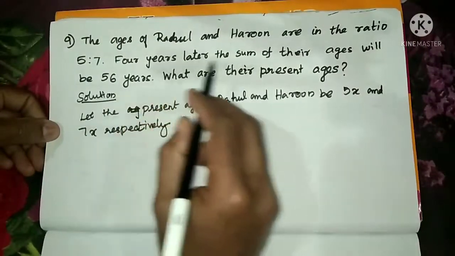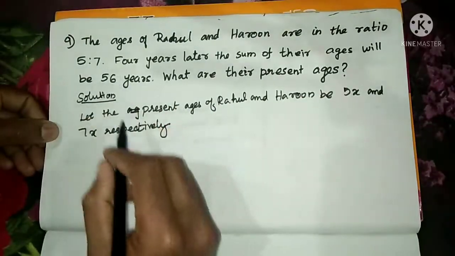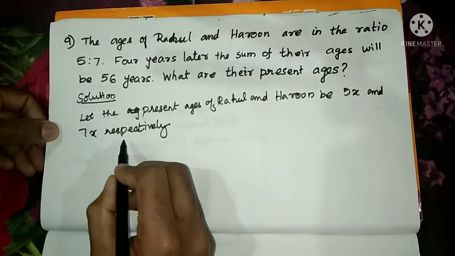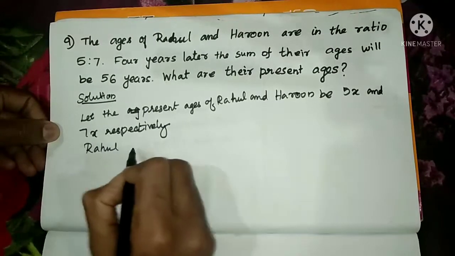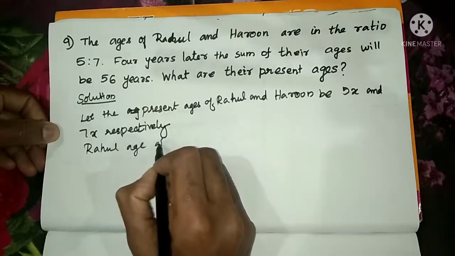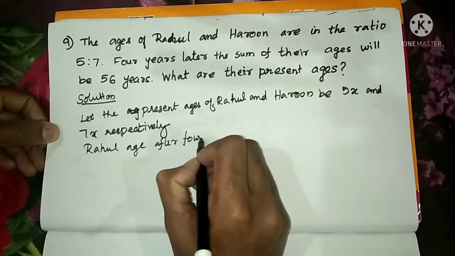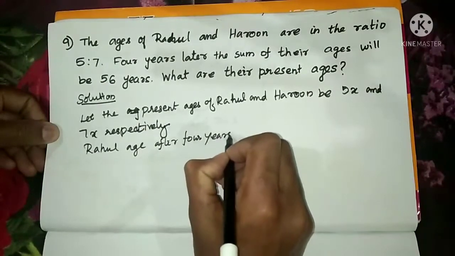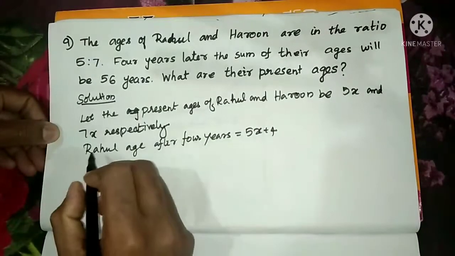Four years later, the sum of their ages will be 56. Let us write Rahul's age. 4 years later means after 4 years, so it is 5x plus 4.